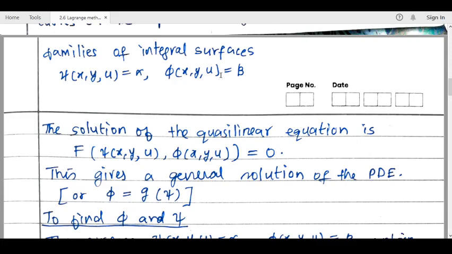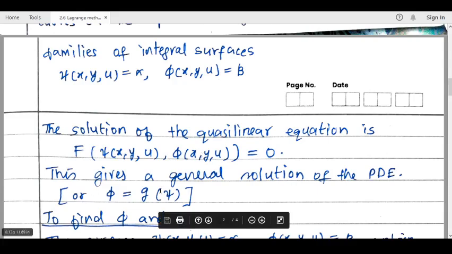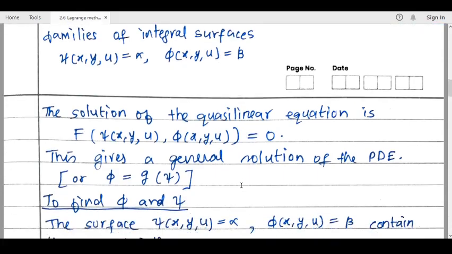We will show that this can be written as psi(x,y,u) equal to a constant, which will be the solutions of the ODE, and the general solution of the quasi-linear PDE can be written as a function of psi and phi, or we can write phi as a function of psi. Both are the same. In both ways we can write like this. So a solution which contains an arbitrary function is called a general solution of the PDE. Now how do we find this phi and psi? That we will see here.